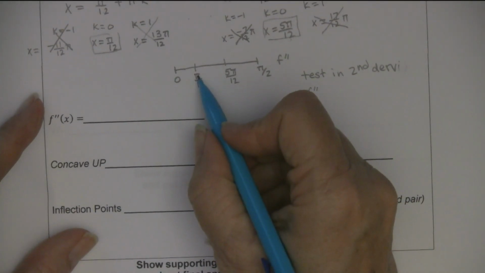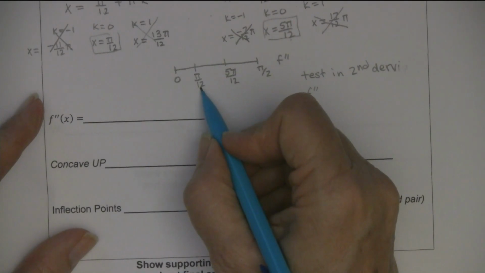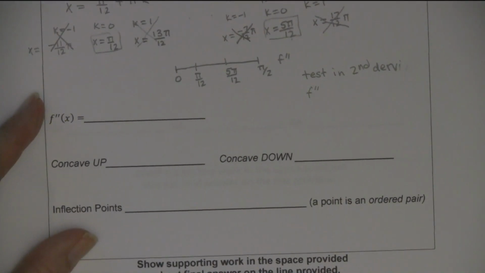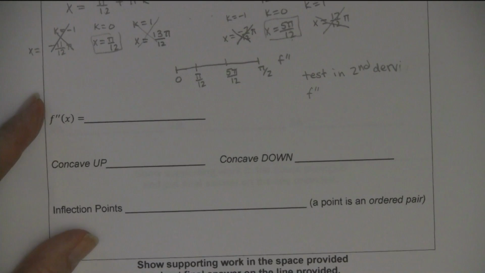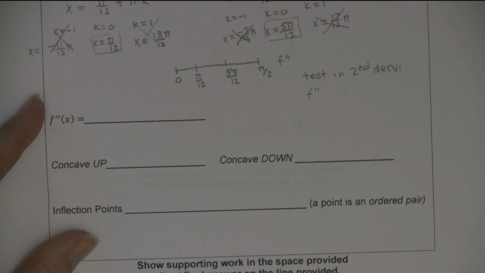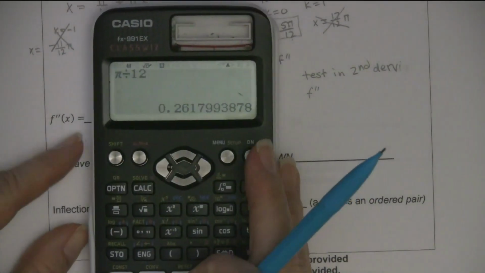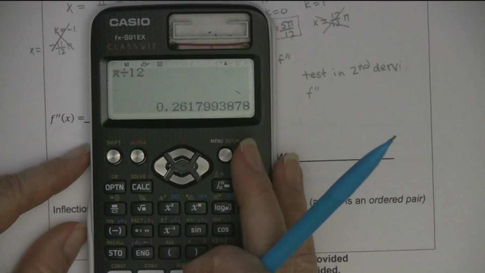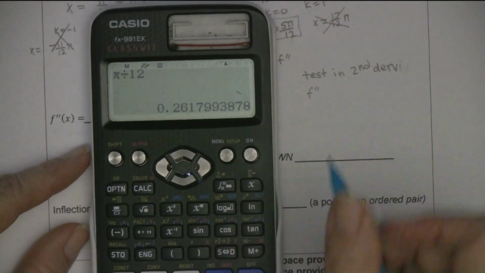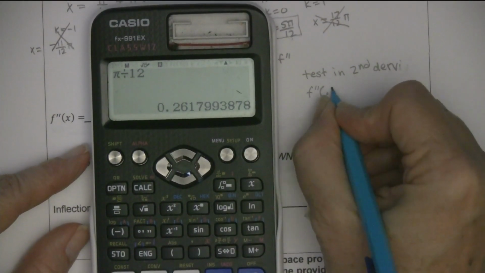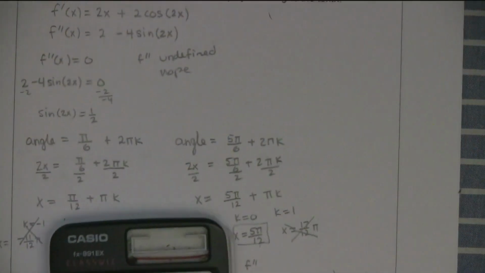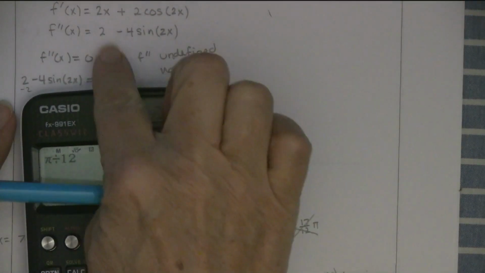Now this is 3 divided by 12, right? Pi divided by 12 is 0.26. I was about to say 0.25. And so I'm going to try something like 0.1 so that I make sure that I'm in that region right there. And I'm going to put this in my second derivative.